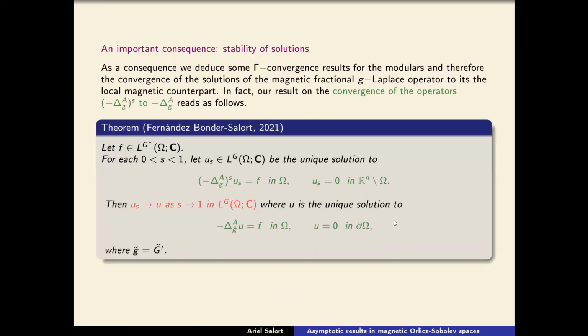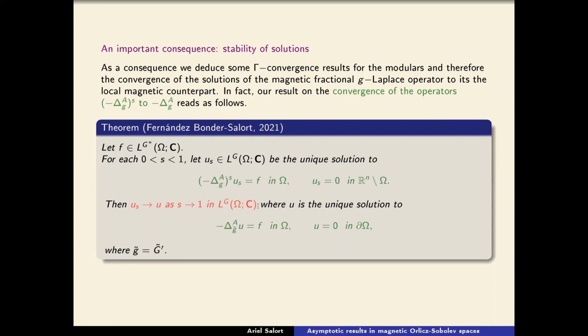An important consequence of this result is the stability of solutions. Yes, in the following sense: if you consider the Poisson problem for this operator and you move the value of s, in the limit the solution u_s of this problem goes to the solution of the limit problem, with the operator corresponding to the limit space.